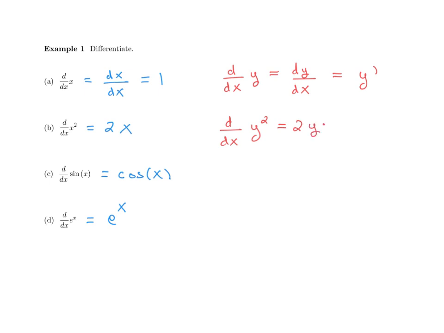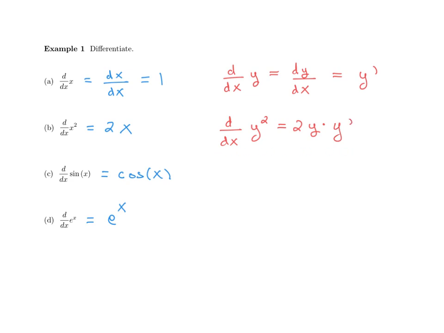But are we done? And the answer is no. Over here, we're done because you don't have to use the chain rule. Over here, though, you do. You bring down the 2, you copy down the y, you subtract 1 from the exponent, but the chain rule says if this isn't x, you have to multiply by the derivative of y. And what's the derivative of y? It's y prime.